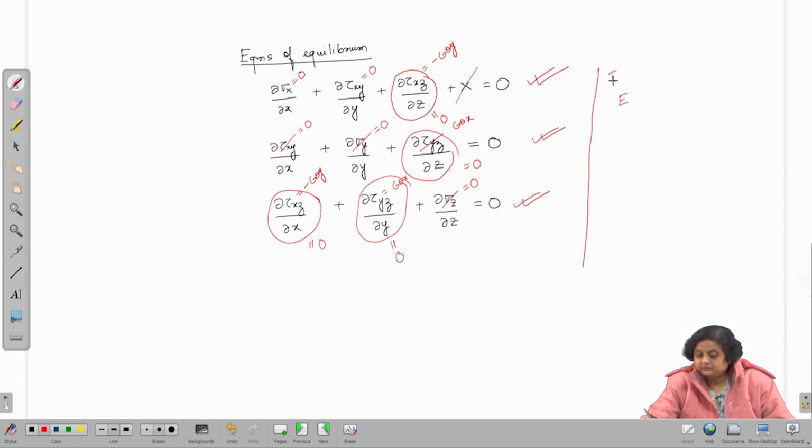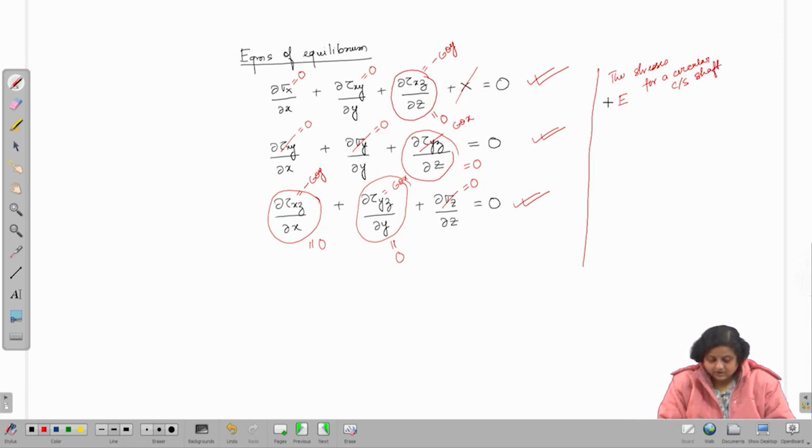So, the stresses that we have got for a circular cross section shaft satisfy the equations of equilibrium.